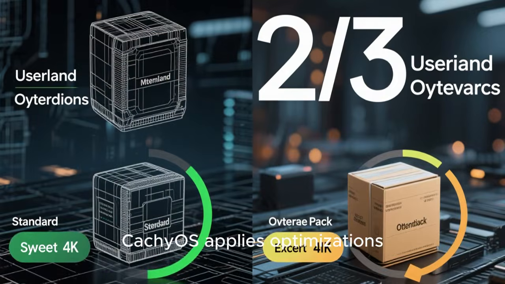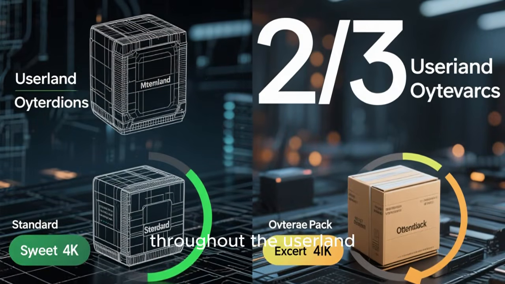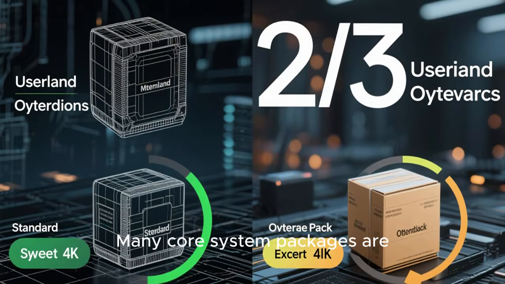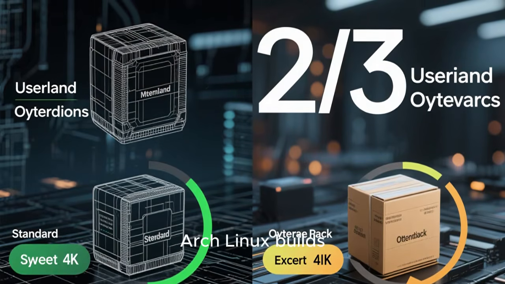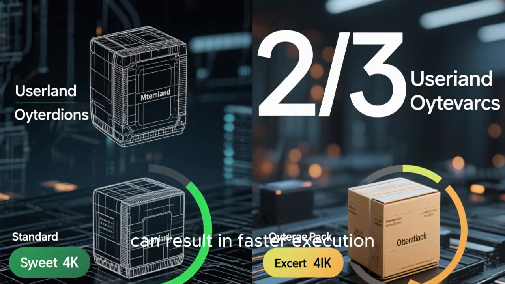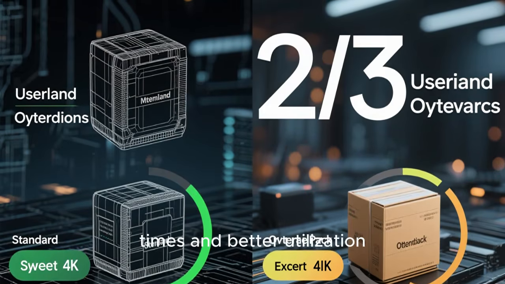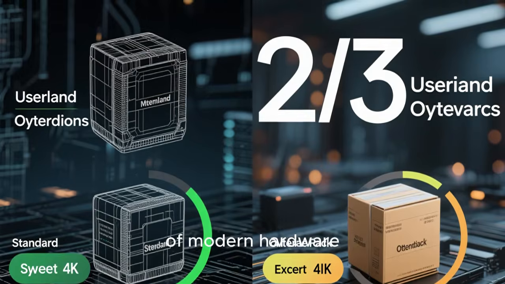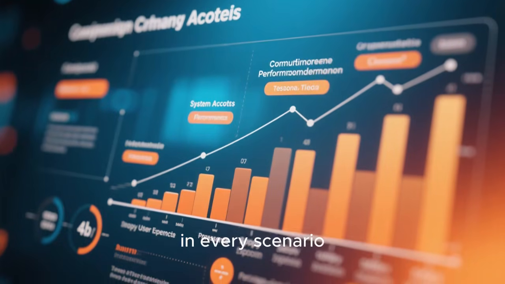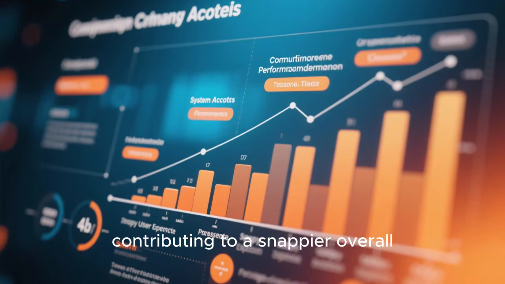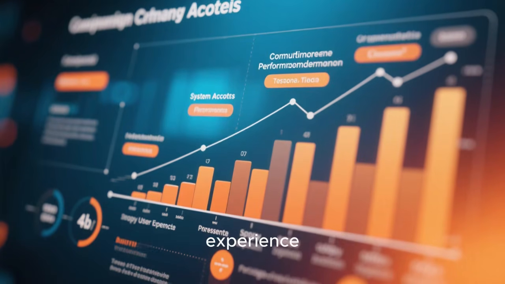Beyond the kernel, CachyOS applies optimizations throughout the userland. Many core system packages are compiled with performance flags that are not used in standard Arch Linux builds. These optimizations can result in faster execution times and better utilization of modern hardware. While the performance gains may not always be dramatic in every scenario, they add up across the system, contributing to a snappier overall experience.